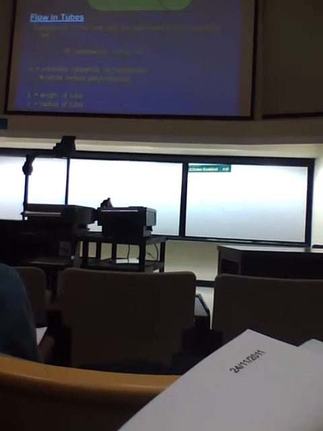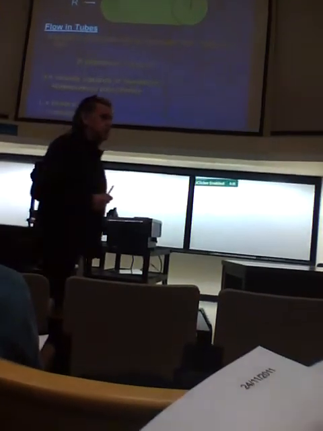The important thing to note, if nothing else from this slide, is the radius. The radius of this tube. And, lo and behold, the resistance is proportional to the fourth power of the radius. So it gives you an insight of how you can actually control the resistance in the circulation very easily.